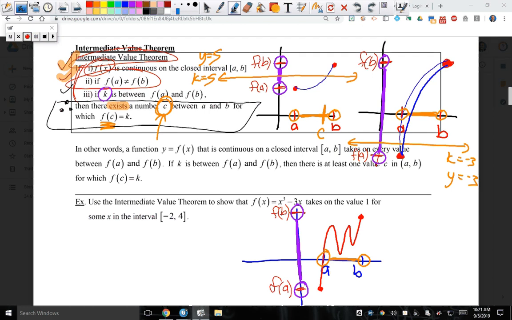And here's the value that I'm wanting you to look at. So let's erase this so it doesn't confuse us. And you see that that value is going to be about right here. We're going to call it C. It's in between A and B, where that Y value will equal this K.